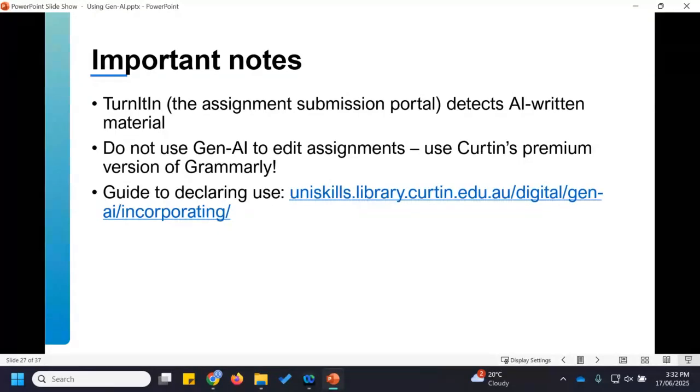You need to go into Blackboard, click on institution page, which is at the top on the left-hand side, and then scroll down a little to library and study support. There'll be a link to Grammarly in there. And the Curtin approved version of Grammarly doesn't have any GenAI in it.